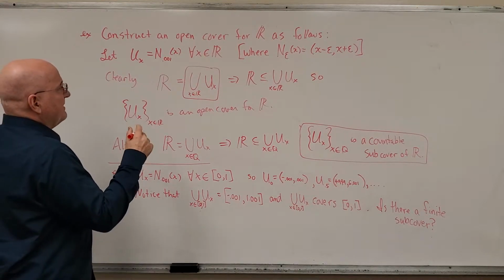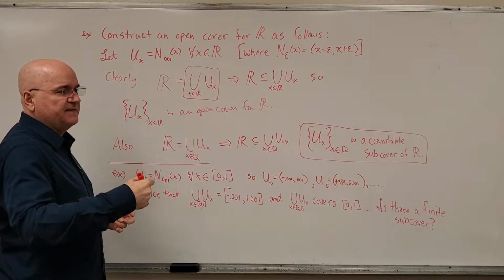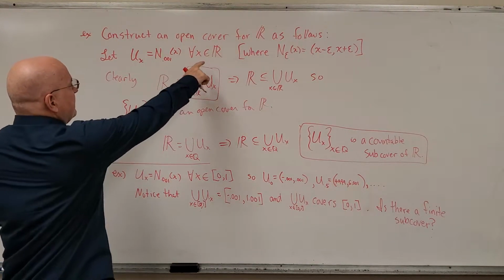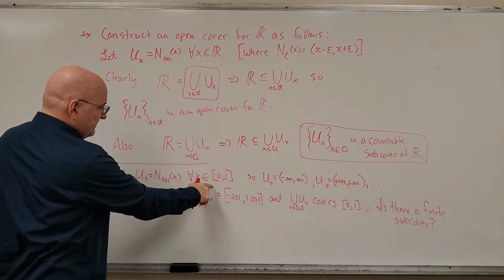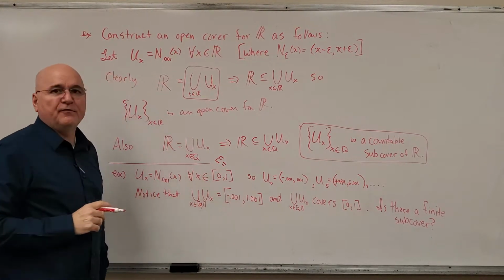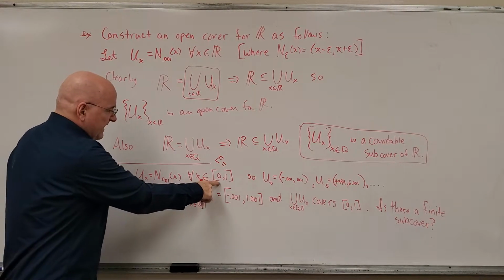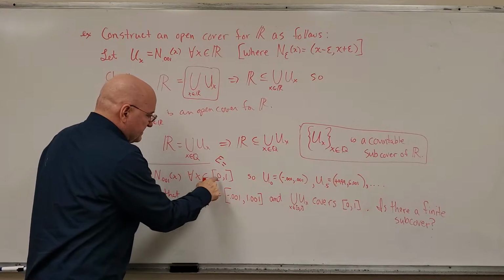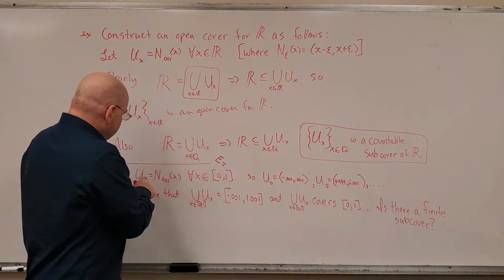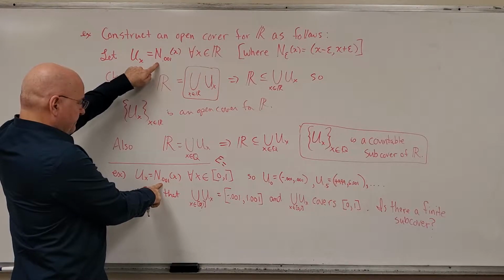Instead of making my capital E, the set in the definition, R, let's make capital E the closed interval from 0 to 1. Let's define for every single x, and there's an uncountable number of x's in this interval, U_x to be exactly the same thing as we did up here.